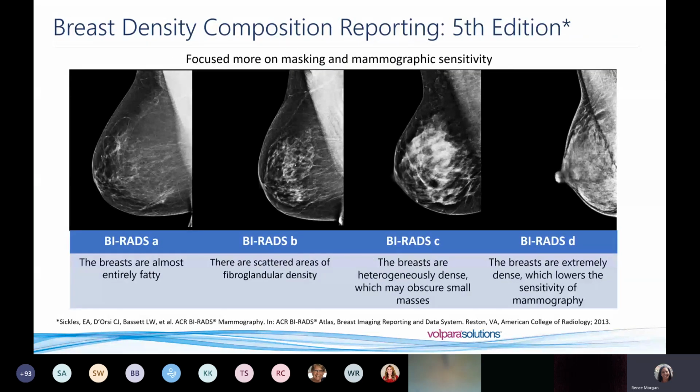When transitioning over to the 5th edition, it was more focused on the masking risk and mammographic sensitivity. And it really didn't address the risk for developing breast cancer. But that was the reason for primarily switching over to the 5th edition. And then they went to A, B, C, and D to minimize some of the confusion with BI-RADS 1, 2, 3, and 4 reporting of the result of the mammogram.